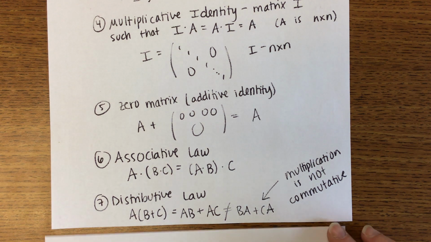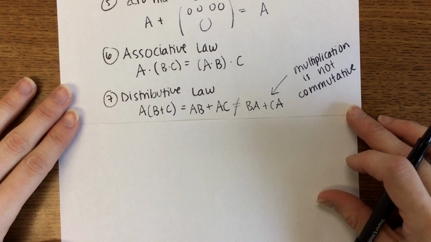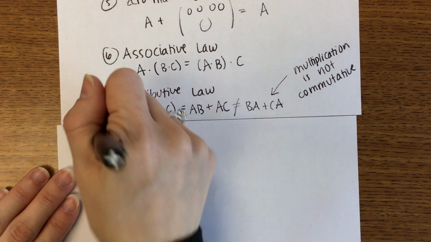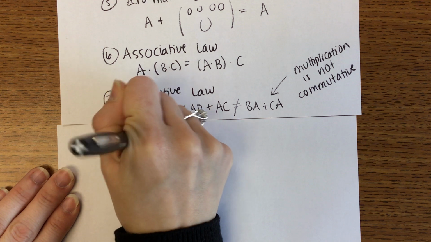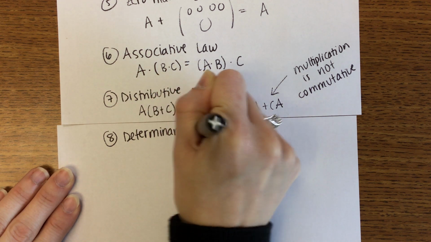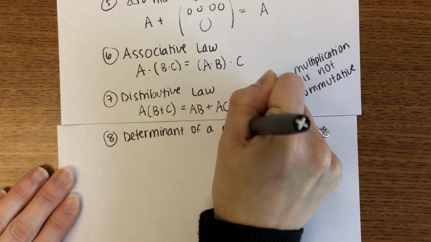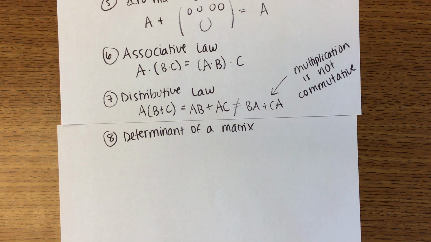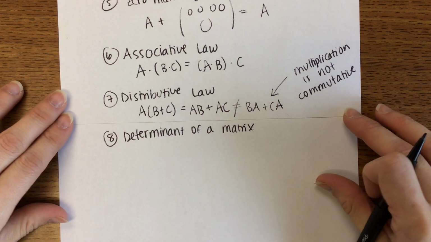Okay. Next thing we need to remember is how to find the determinant of a matrix. Did you learn how to find the determinant of a matrix by hand, not using a calculator?